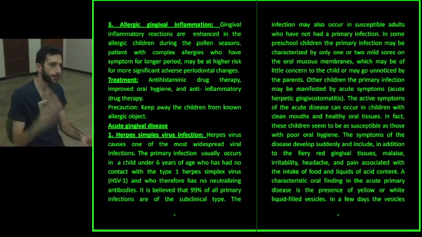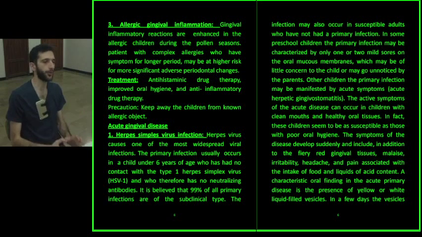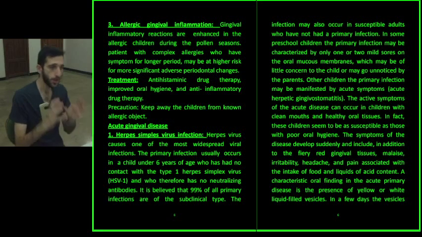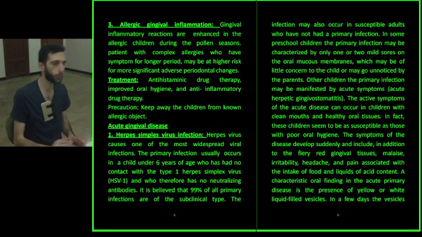gingivostomatitis. The active symptoms of the acute disease can occur in children with clean mouths and healthy oral tissues. In fact, these children seem to be as susceptible as those with poor oral hygiene.